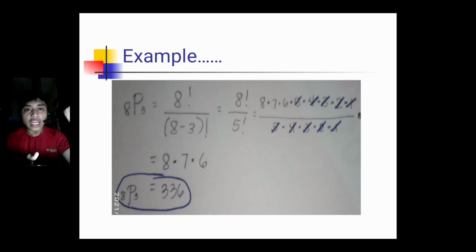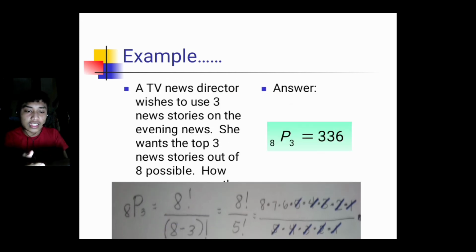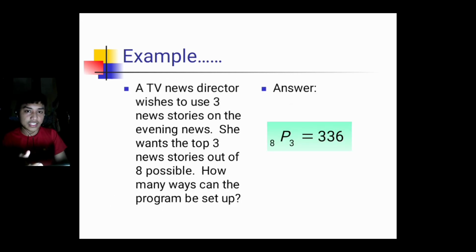Pero kayo, kung gusto niyo ng sakit ng ulo, pwedeng wag niyo i-cancel. Pero ako ayoko ng sakit ng ulo kaya kinancel ko, as a technique para hindi tayo mahirapan. So ayan. So ang natira is 8 times 7 times 6. So the answer is 336. So that's why I got 336.